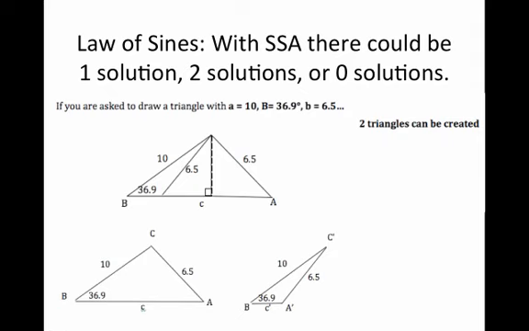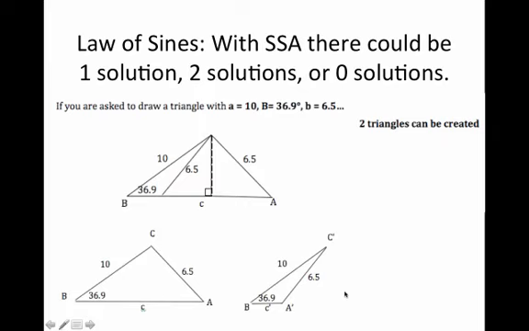They're in the same place. However, the 6.5 in this case forms an acute triangle. However, the same 6.5 side can be reoriented to draw an obtuse triangle where A prime is the obtuse angle.